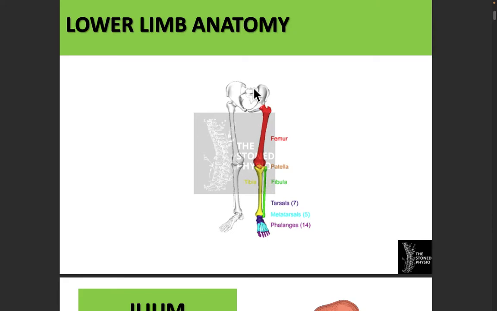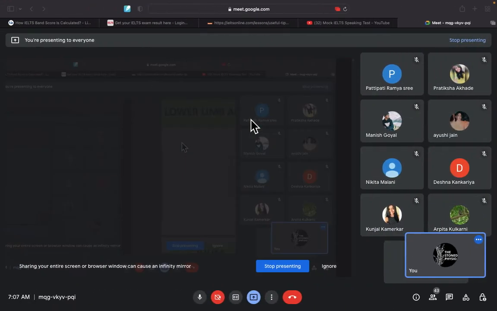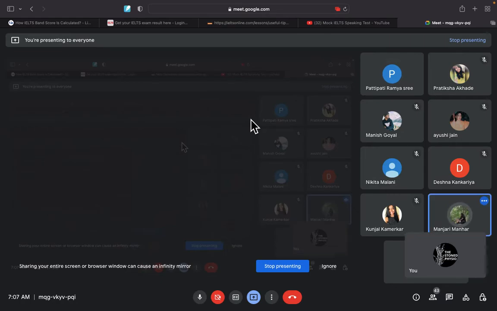Can anyone tell me the name of the bones? This we have discussed before. The name of the bones of each innominate. Which bones participate to make each innominate? Ilium, ischium, and pubis.